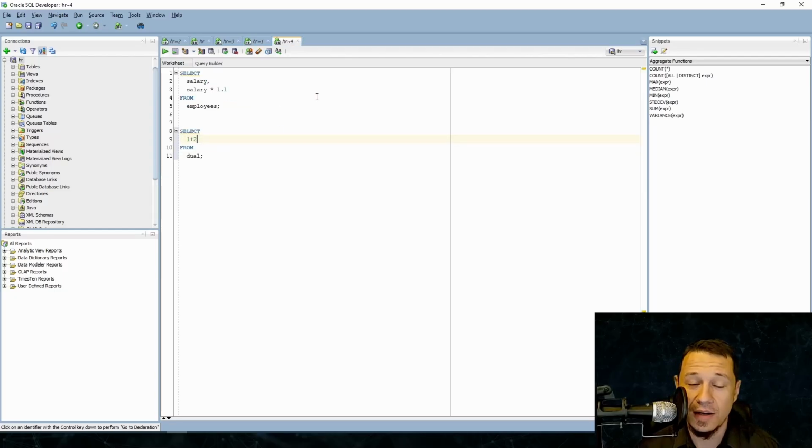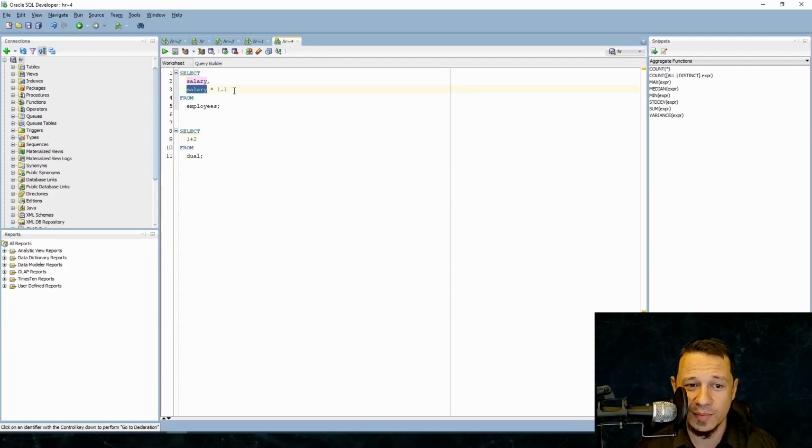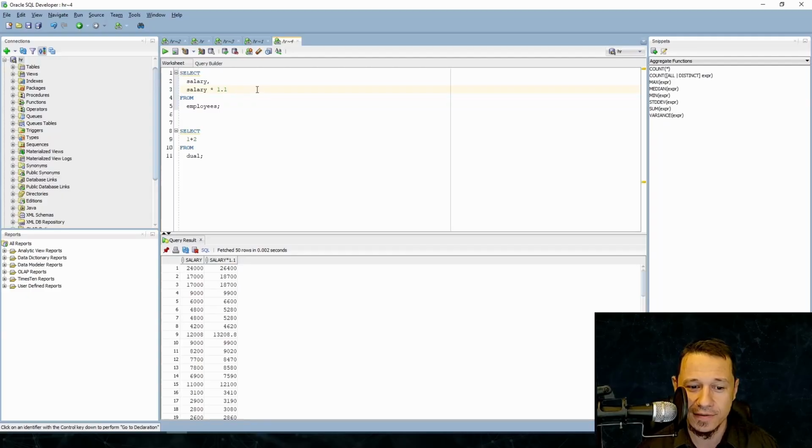Nice. And also, not to forget that we can use in our queries directly addition, subtraction, multiplication, and division. So in our example, we are fetching salary, and salary multiplied by a factor of 1.1. Let's execute this, and we got the correct results.